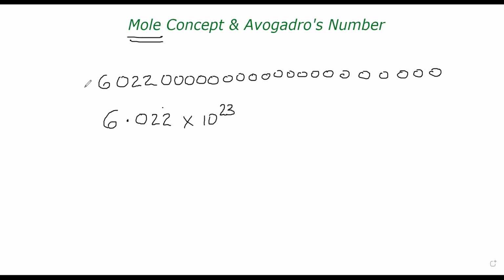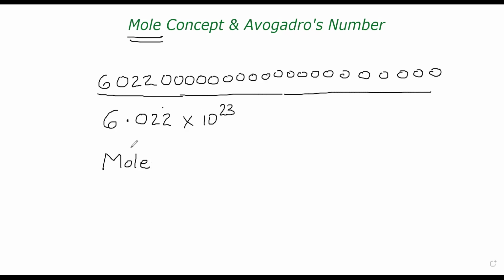Hence, this was given a name called mole, because you don't have any mathematical system to read out such a big number. So instead, we started calling it mole. And this number is called Avogadro's number.